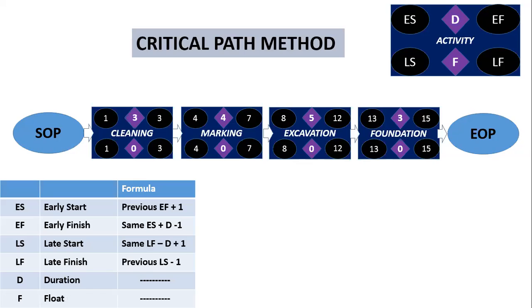On the 7th day we are completing marking. How? Because we have 4 days for the marking activity: 4th day, 5th day, 6th day, and 7th day. So on the 7th day we complete the marking activity. Got it?